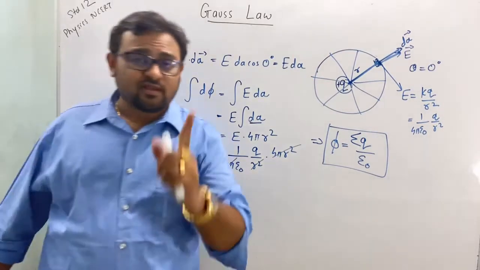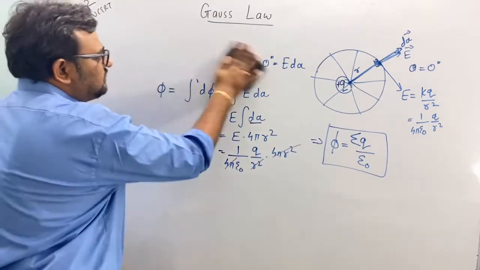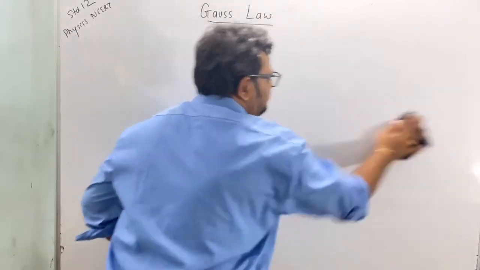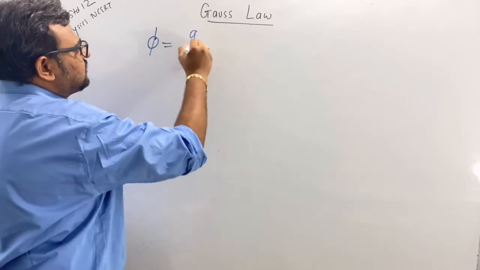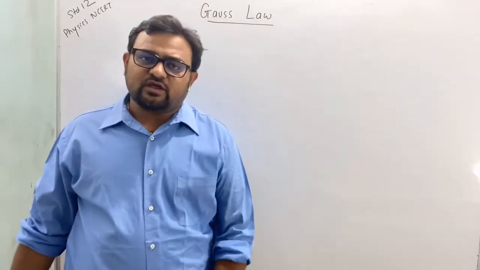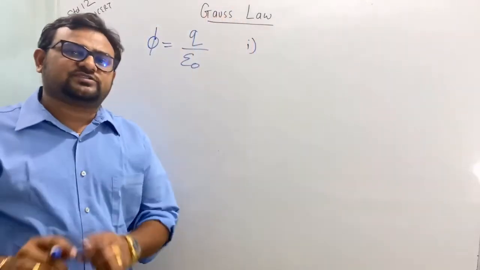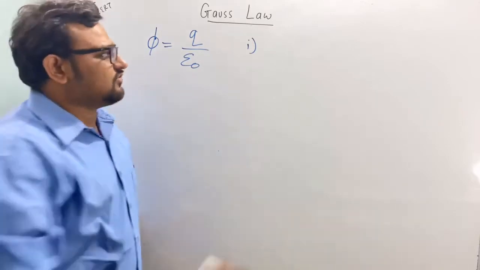Now some important points related to Gauss law. So what was this? Q by epsilon zero. First, Gauss law is true for any closed surface.